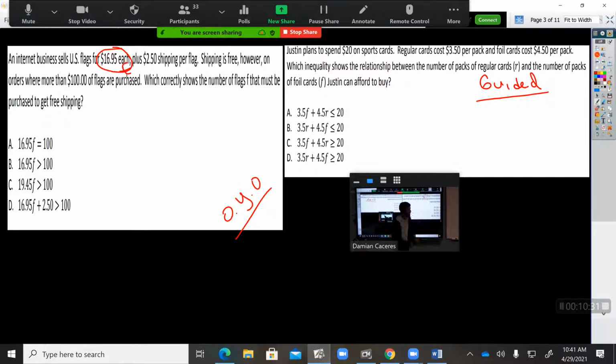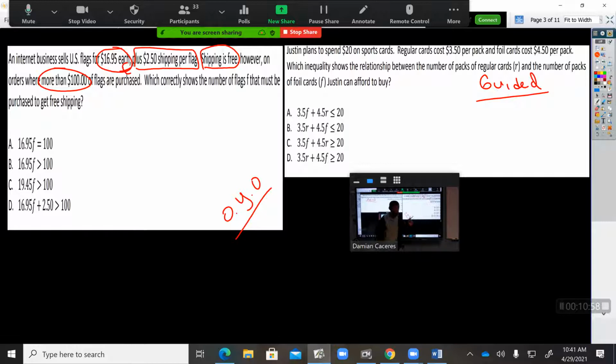F. So we already know what variable goes there, and we already know what number has a variable attached to it because of one word, each. Now it says plus $2.50 shipping per each flag. But here it goes. They're offering you something. Shipping is free, however, on orders that are more than $100.